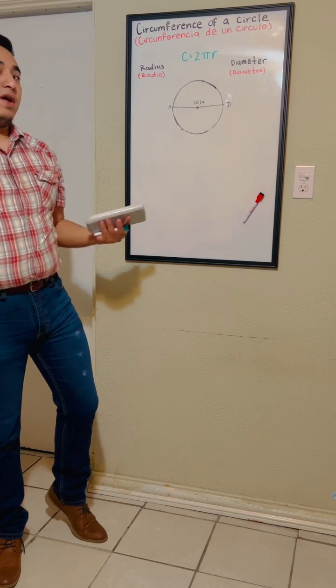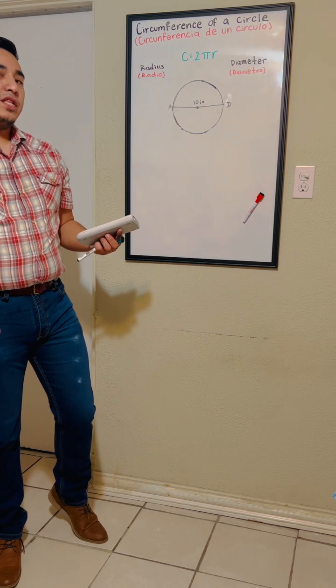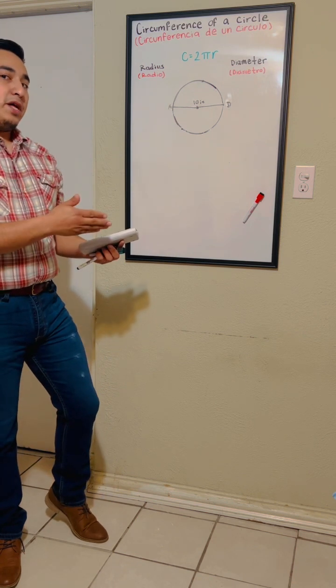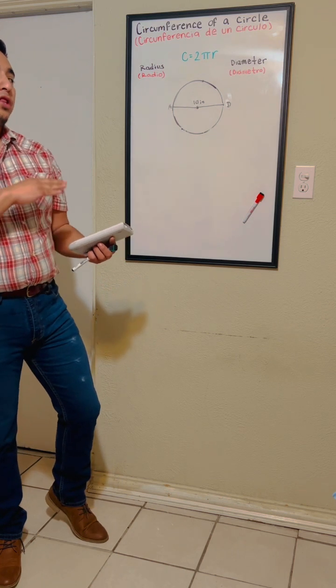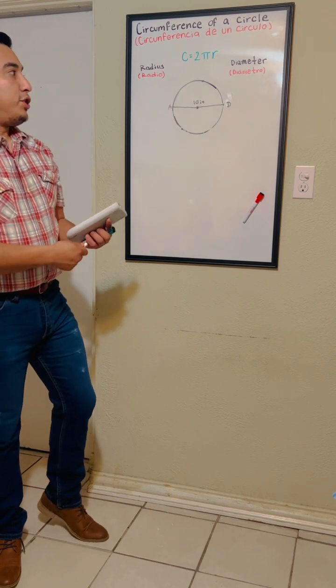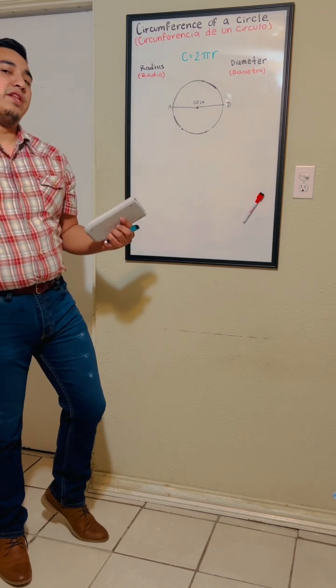Okay, so how do we find the radius now? So once again, the radius, we said that it was at the center of the circle going into any given point on the other side of the circumference. So halfway, right? So now the radius is going to be half of the diameter.